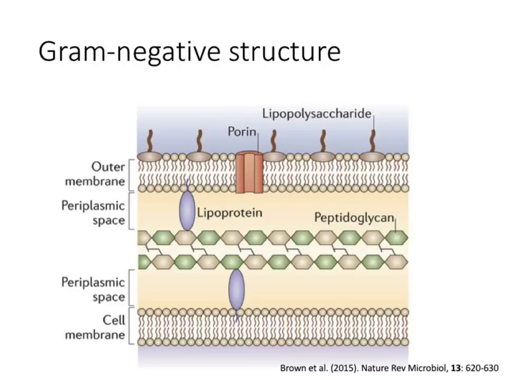So the LPS has 3 distinct parts to it. It's got a lipid part, which is called lipid A. So that's lipid A. It's got a core polysaccharide. I'll just kind of draw it as a string here. And then all of them, well, most of them, have also an O polysaccharide.